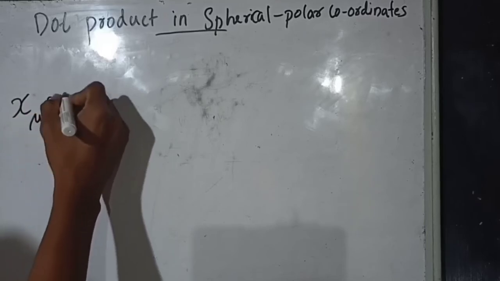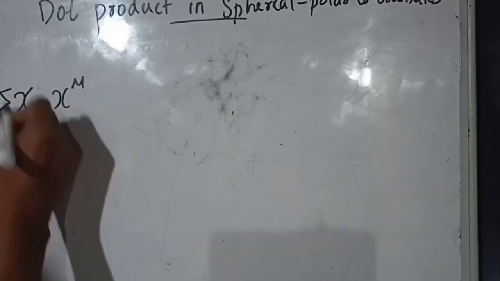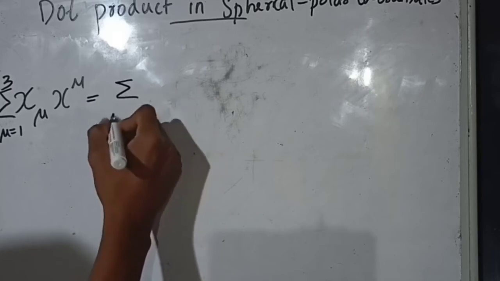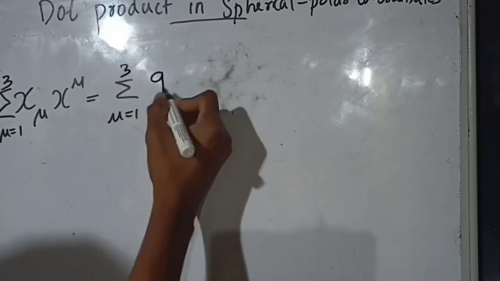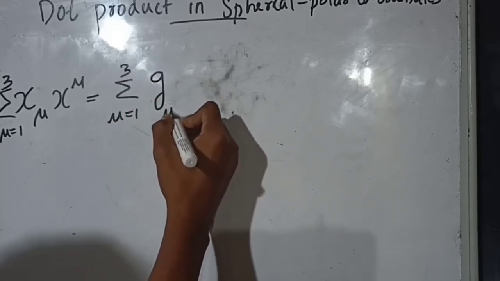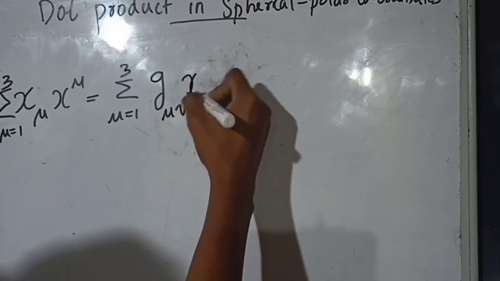So let us take the dot product in the 3-dimensional spherical polar coordinate system to get an idea about the covariance, contravariance, and the metric tensor.